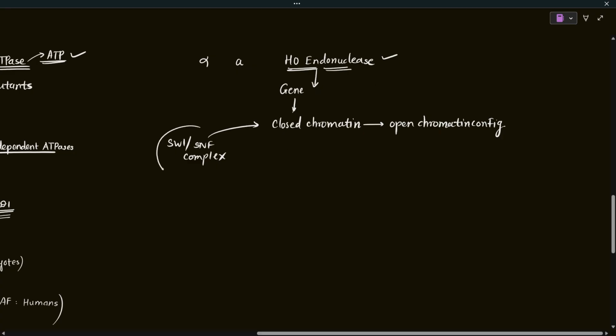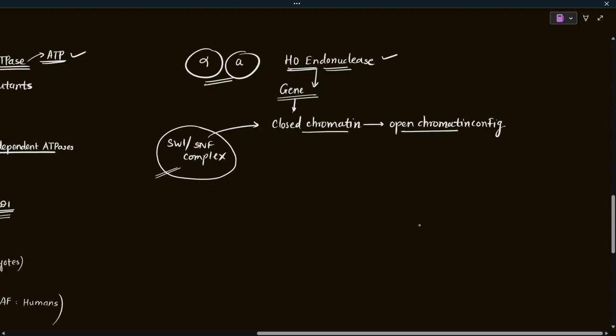When the SWI-SNF complexes were mutated, the yeast was unable to convert this closed chromatin structure to open chromatin configuration, and that's why the gene couldn't encode HO endonuclease, and that's why the aberrant switching type was observed.